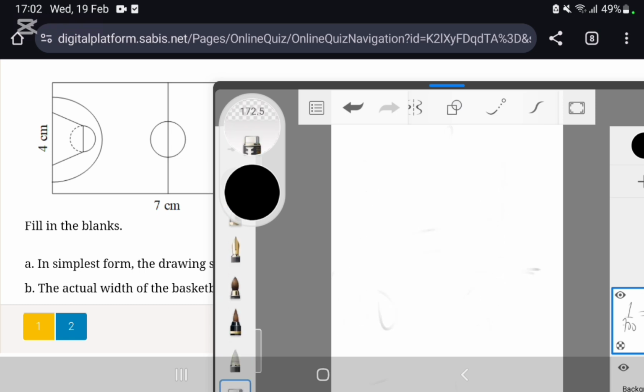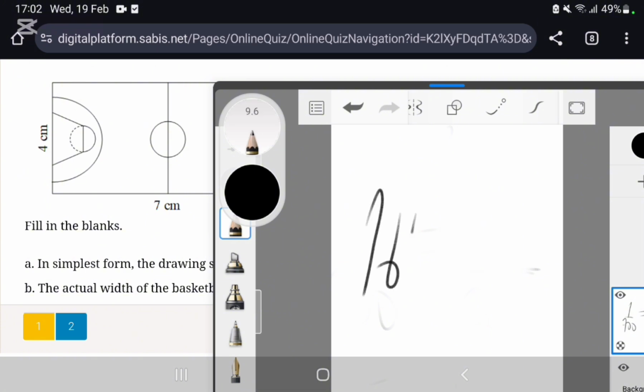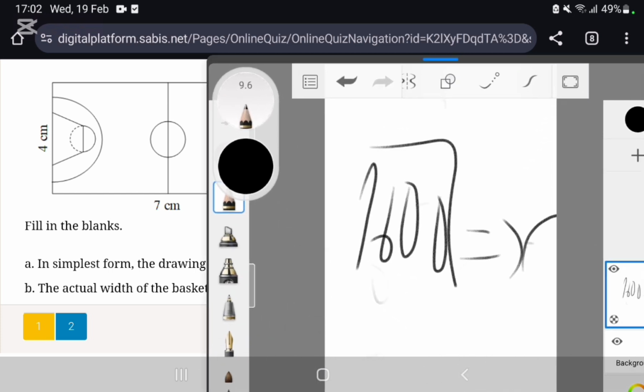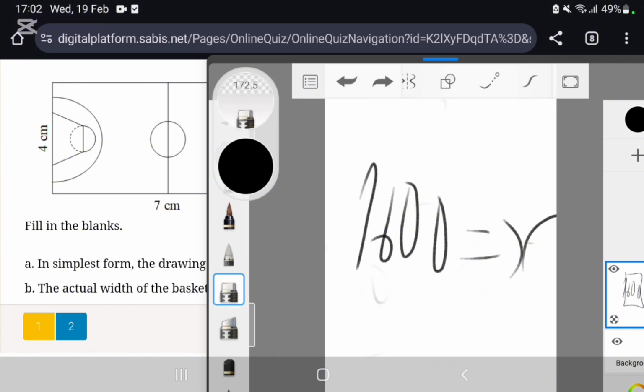After we cross multiply, we get that 1600 is equal to x. But here they said they wanted it in meters, and this is in centimeters. So from centimeters to meters we divide by 100. So it's just going to be 16.